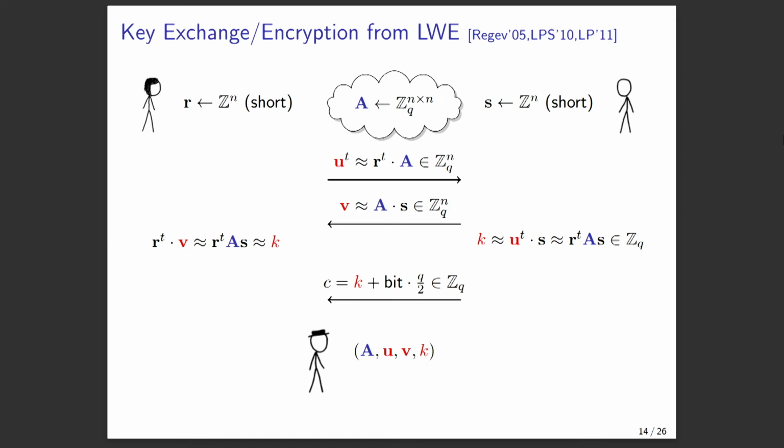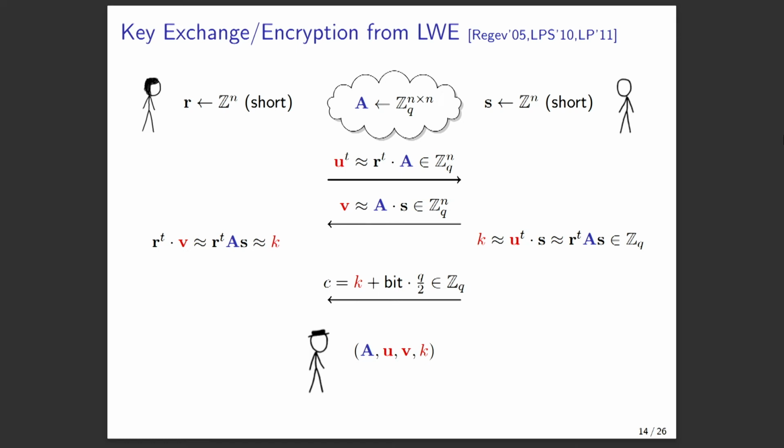Okay, so that's the basic idea behind the encryption. It looks a lot like Diffie-Hellman, if you're familiar with that. But it's got this noise in it. OK, so why should this be secure? I'll just give you a brief explanation. Suppose we have some eavesdropper who sees everything that goes over the wire.